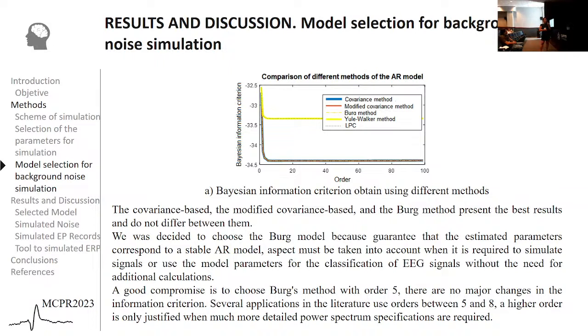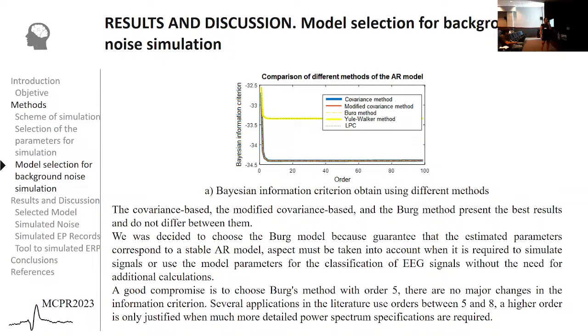We decided to choose the Burg method because it guarantees that the estimated parameters correspond to a stable AR model. This aspect must be taken into account if it is required to simulate the signal or use the model parameters for the classification of EEG signals without the need for additional calculation.